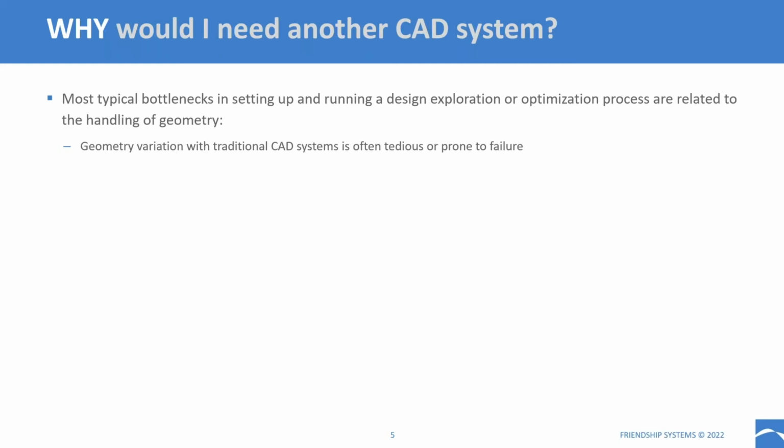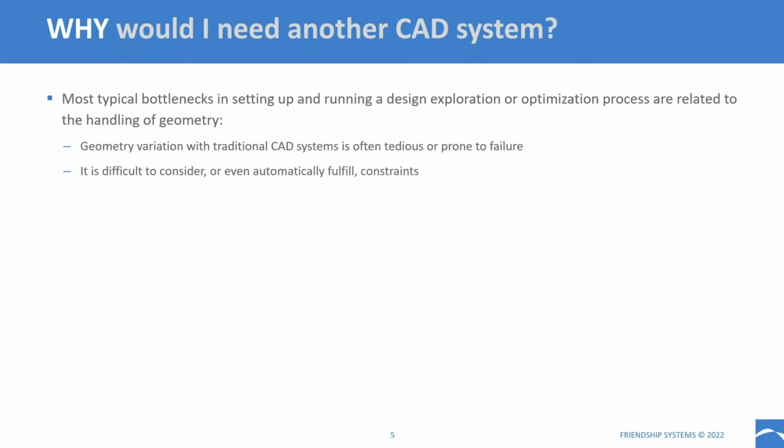People encounter a high failure rate. So if you change parameters of your geometry in an automated way, the system is not able to regenerate these geometries, so the model breaks down, or you get infeasible geometries. So that's a serious issue. Another important point are constraints.